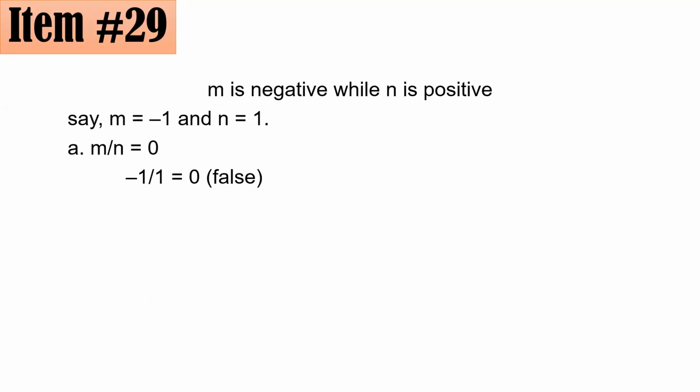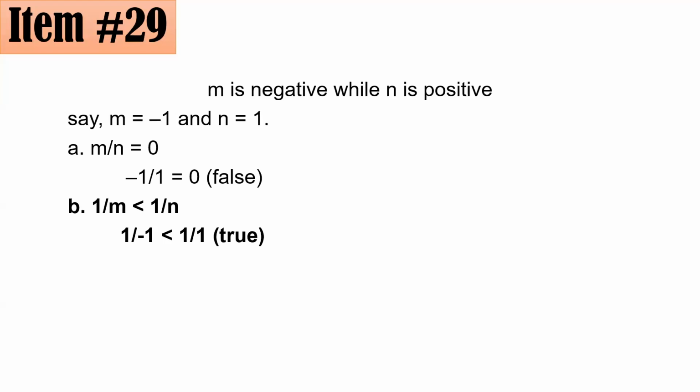So mali po yan. For the second case, 1 over m is less than 1 over n. It became 1 over -1 is less than 1 over 1, which is true. Bakit? Kasi yung left side natin ay negative, yung right side natin ay positive, and positive numbers are always greater than negative numbers.